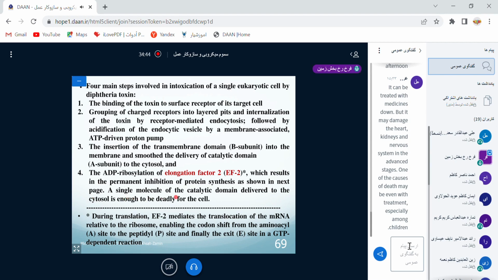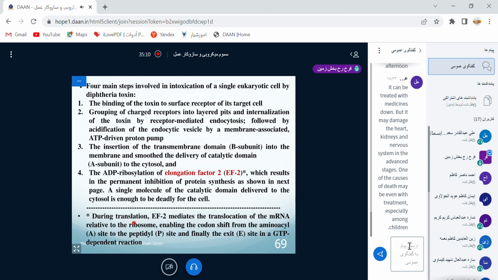A single molecule of catalytic domain delivered to the cytosol is enough to be deadly for the cell. A single molecule of A subunit is sufficient to kill one cell. Only one molecule is sufficient.